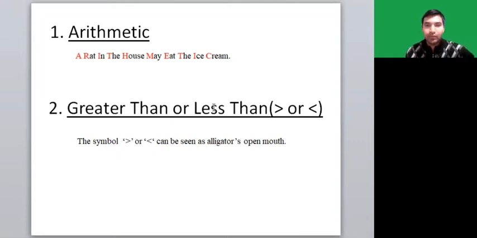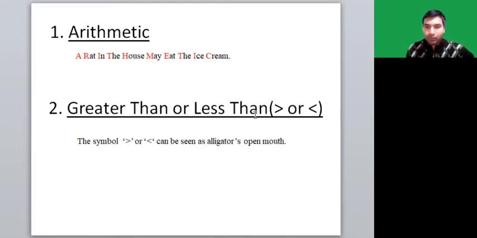Next thing is greater than or less than. If you are in grade 6, 7, or 8, we usually have difficulty remembering what these symbols mean, right? So what is the mnemonic for this? We can consider the symbol as an alligator's open mouth.